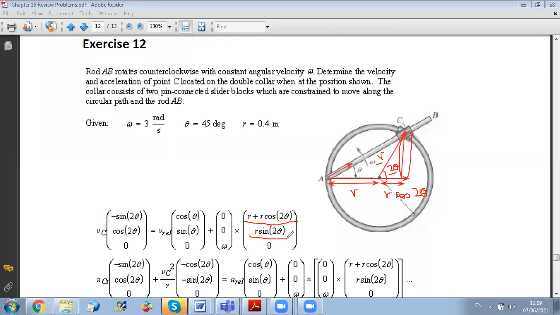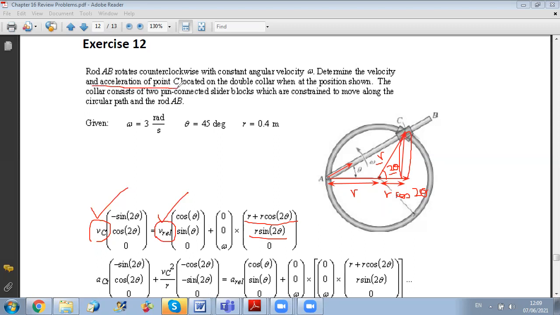So now, after writing all our vectors, all we have to do is to expand vectorially the relation and to compare along I and J. And what will be the two unknowns? Vc magnitude and V relative. So by comparing along I and J, you can solve for Vc and V relative. Okay. Now, we cannot stop here because they want to find the acceleration of point C, not just the velocity.